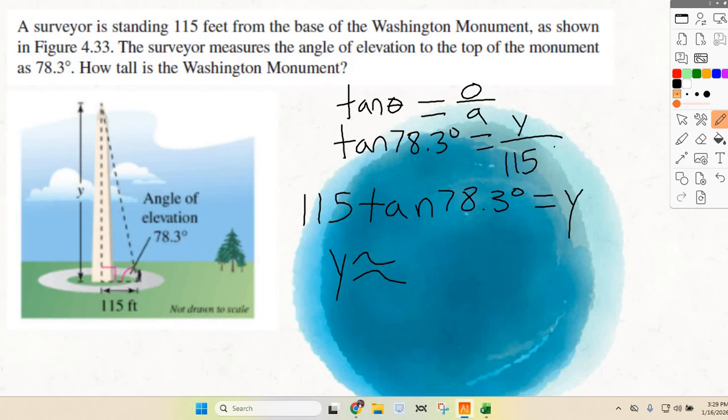For most of these questions we are going to be in degree mode, so you should be able to leave it in there for today. If we plug that in, you should get approximately 555.314 feet. So pretty tall.